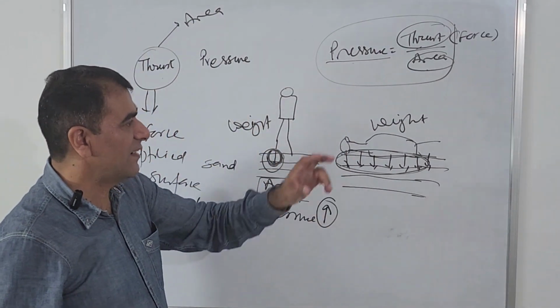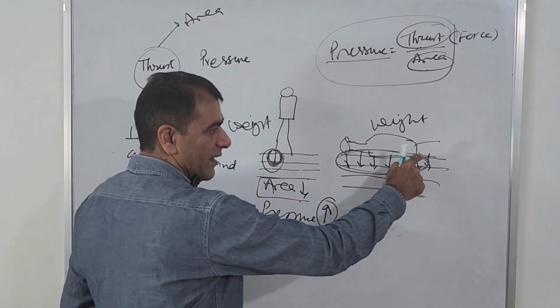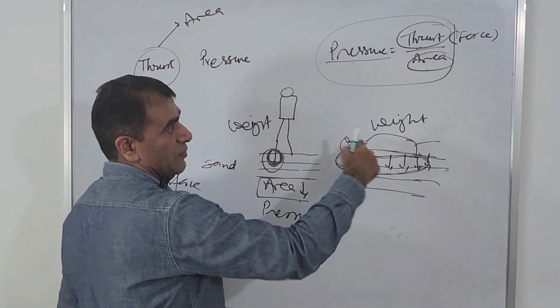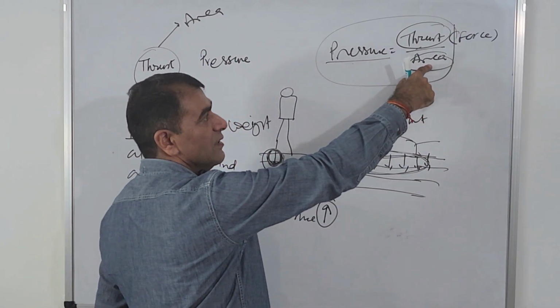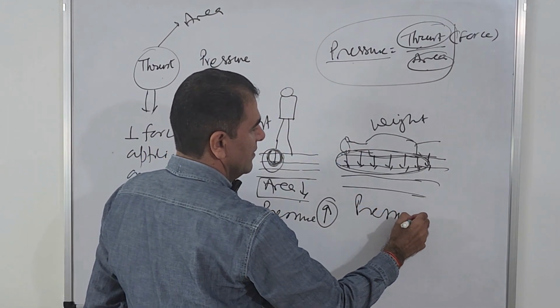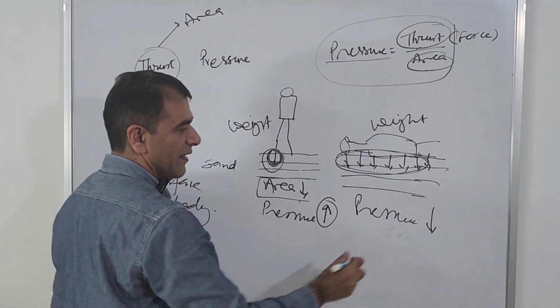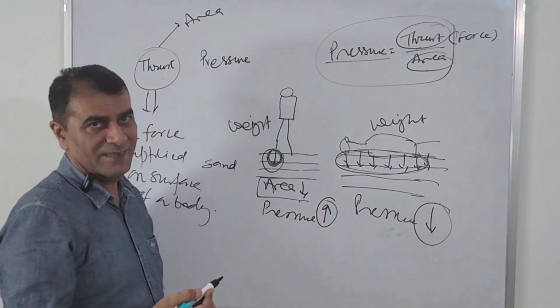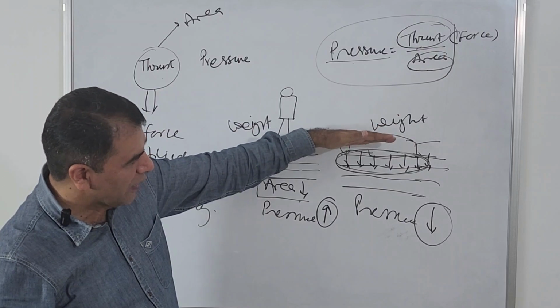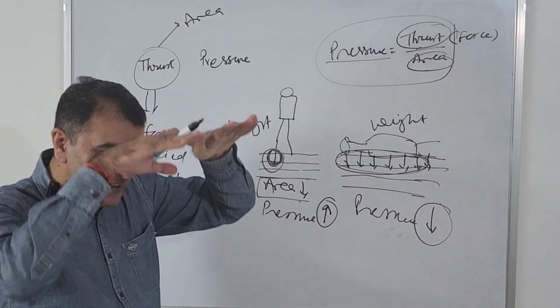Now in this case, the area of contact is large. When area is large, pressure will become less. So here, in this case, pressure is less. And when pressure is less, your body cannot exert so much pressure that it goes inside the sand.